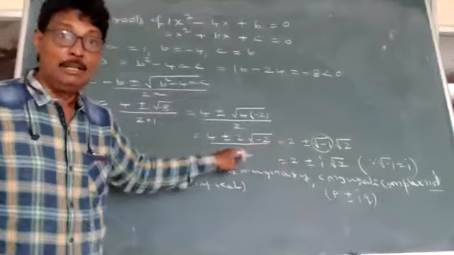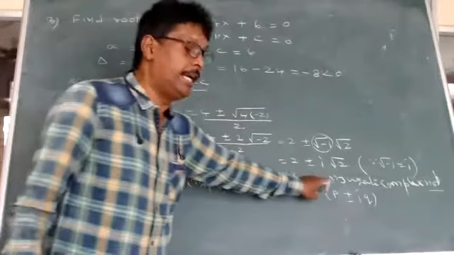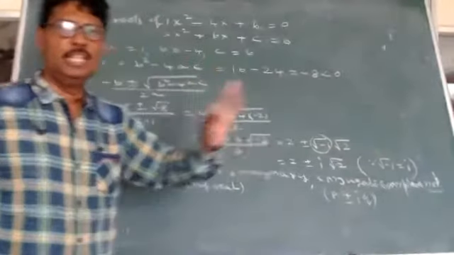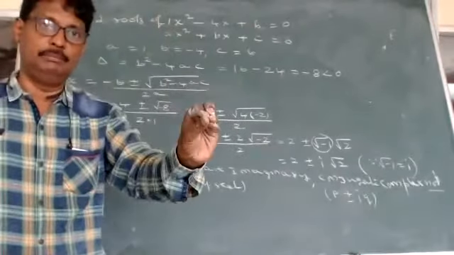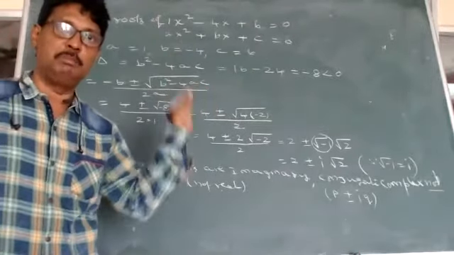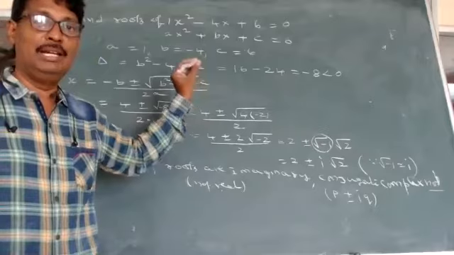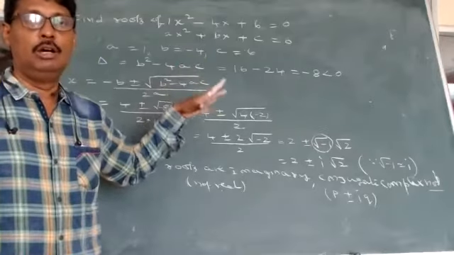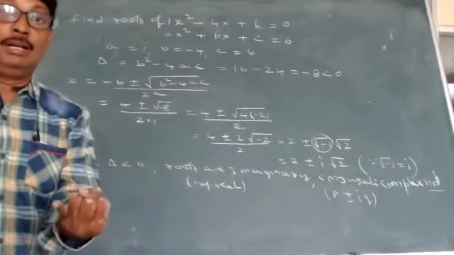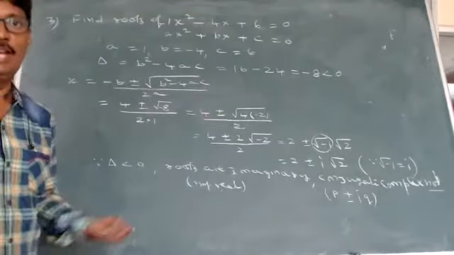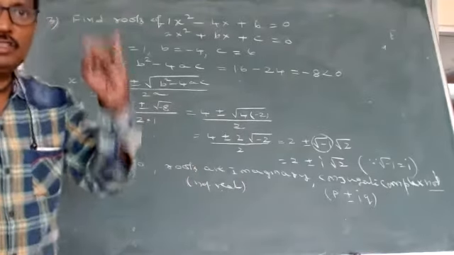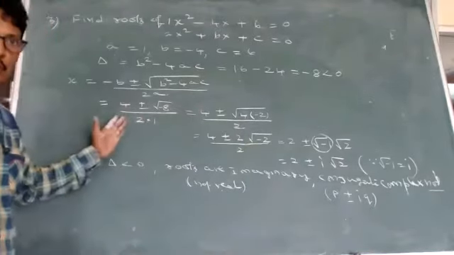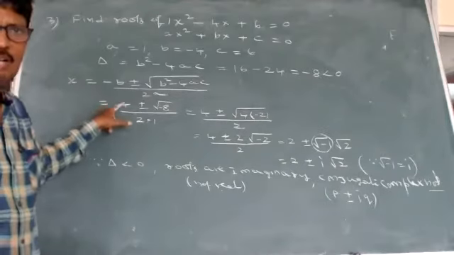Particularly here, the roots occur in the form of conjugate complex numbers. These three cases are possible. Depending upon the given problem, only one of the cases is possible. So we can talk about the nature of the roots by finding delta, or we can solve for the roots by using this formula. What is the formula?